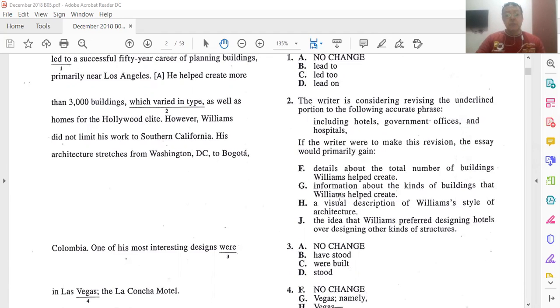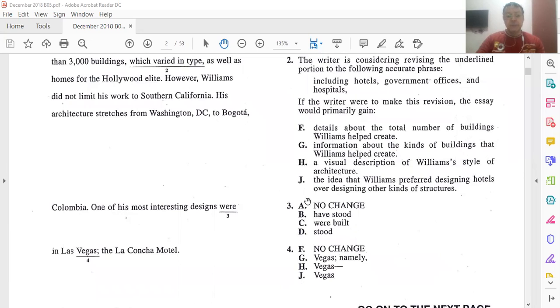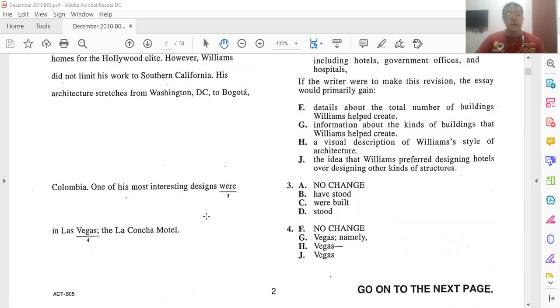Let's move now to number three. One of his most interesting designs were in Las Vegas. The verb doesn't agree with the subject here: one of his designs. So what should we say? No change is wrong.